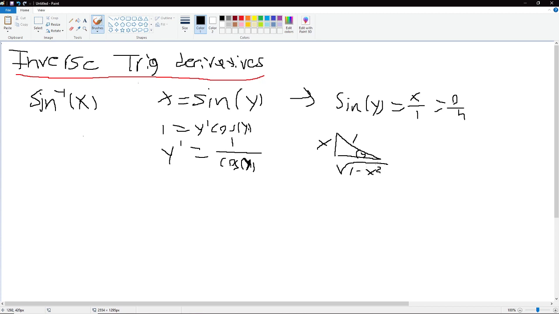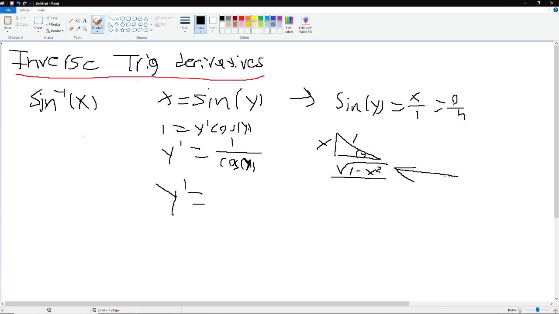You can figure that out just using the Pythagorean theorem. And now we can figure out what our cosine is, and we get that our cosine is just this adjacent divided by our hypotenuse. Obviously, if you divide by 1, it's just going to be the same.